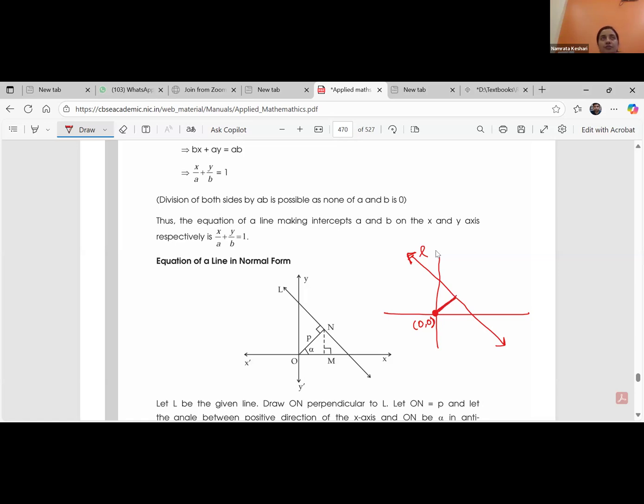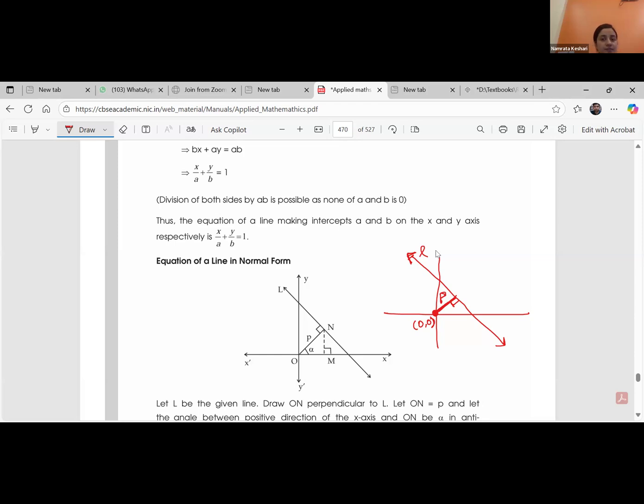It can be 5 units, 6 units, 7 units, 8 units, it can be any number, but for now I am going to just represent it with P. What is P? We are having a line L, and from the origin, the perpendicular distance of the line is P.